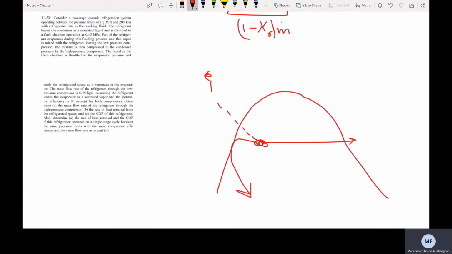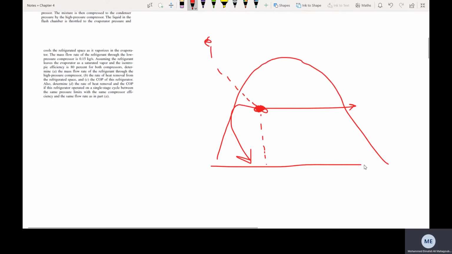So what is this point? Or what is the x of this point? The x of this point is going to be the mass of the vapor over the total mass. This is the vapor line, and this is the water line.